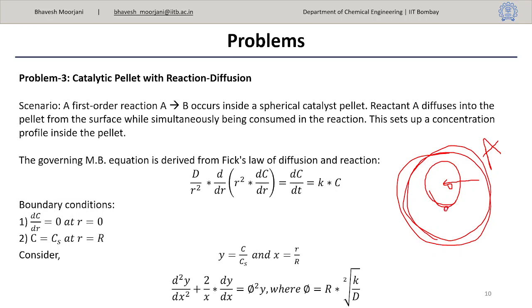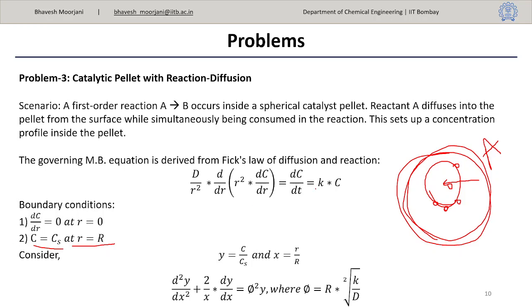So if you look at the surface point here or anywhere on the surface, at r equal to capital R, at the surface of the pellet, your concentration will be maximum. So C is given as CS, whatever notation you use.